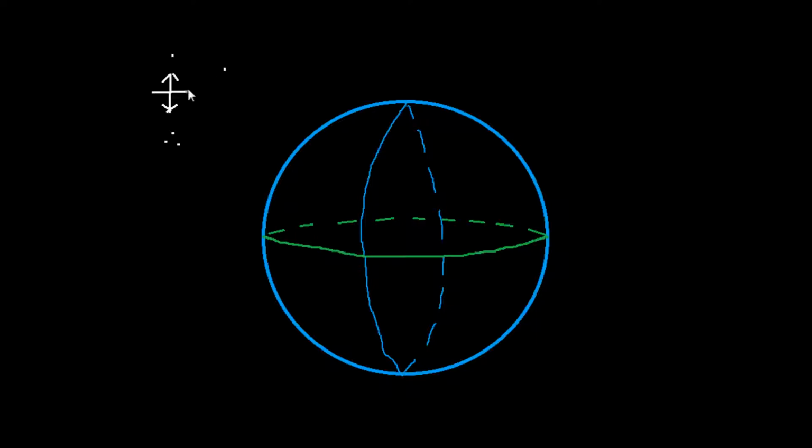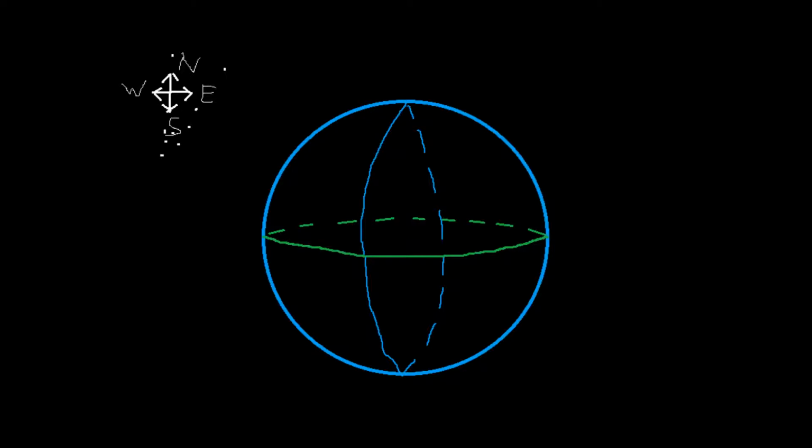A very simple compass rose. We're going to put some letters here. So this is north, this is south, with all these dots here, this is west, and this is east.